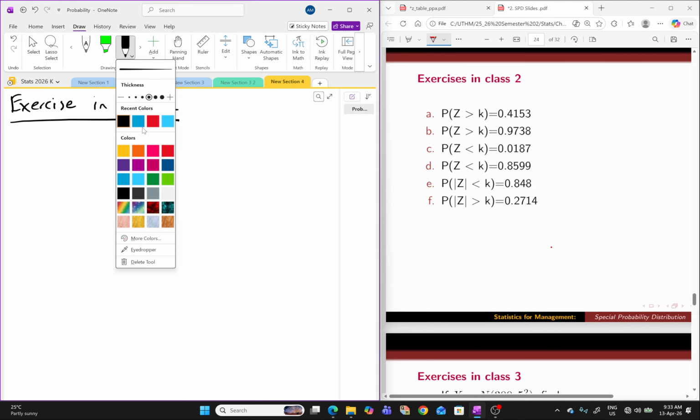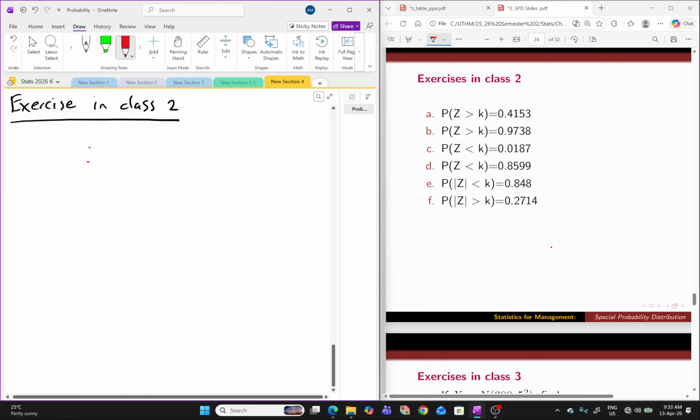Alright. In exercise 1, what we found is we divide the number here, we find the area. That is exercise 1. For exercise 2 now is the reverse.